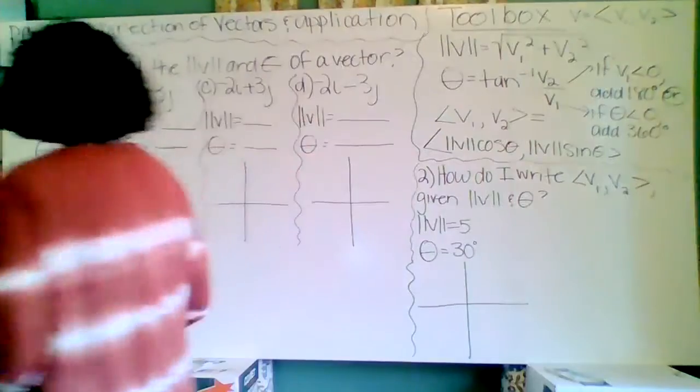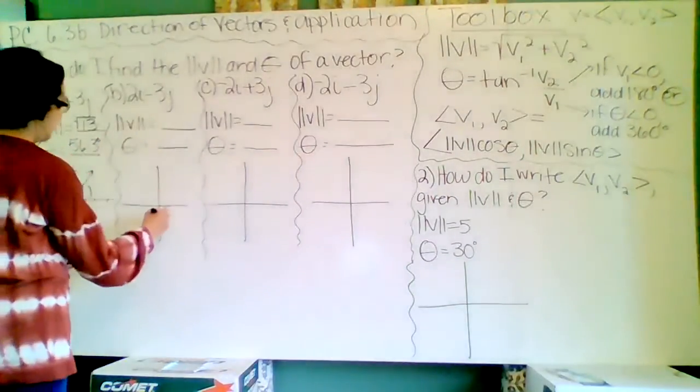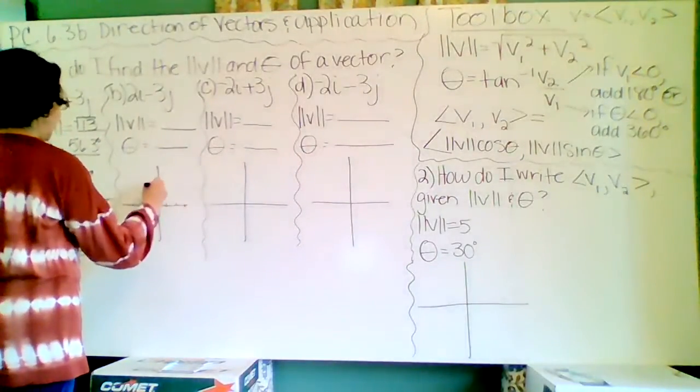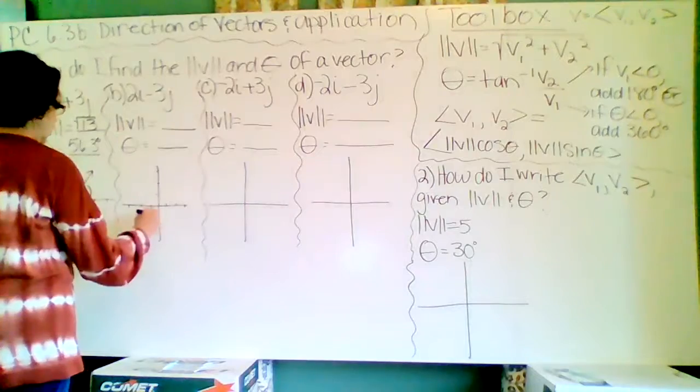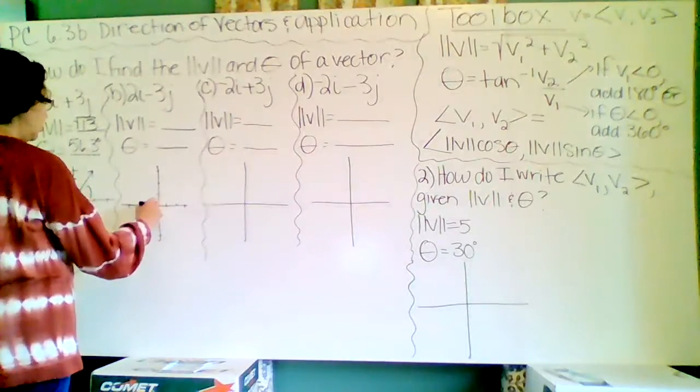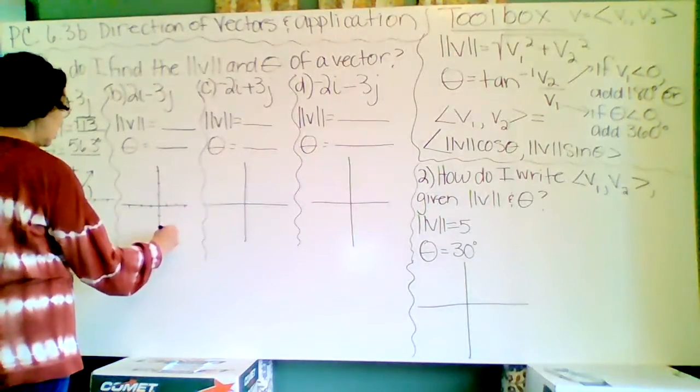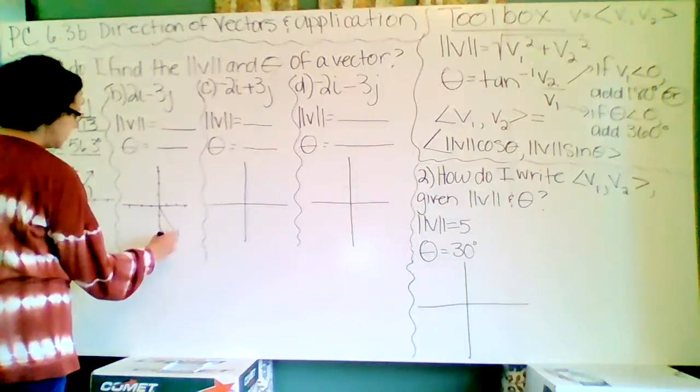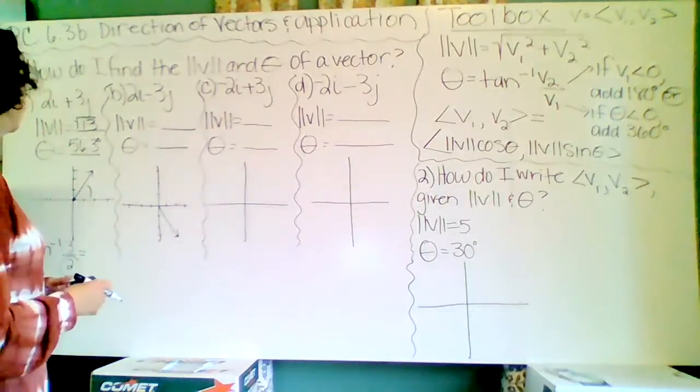Okay, let's draw the vector 2, negative 3. So 2 and negative 3 would be this vector here that you see.